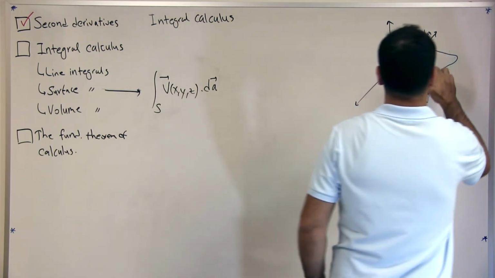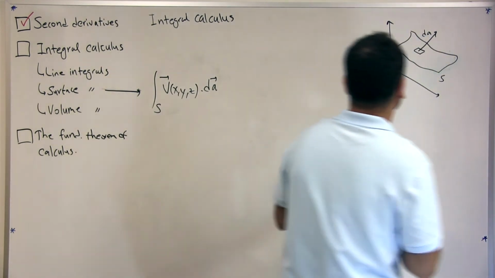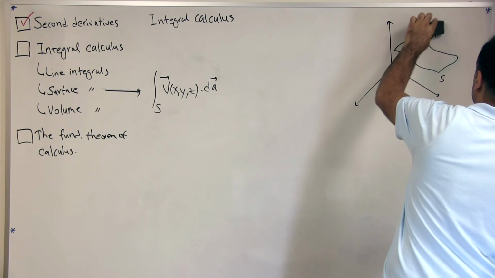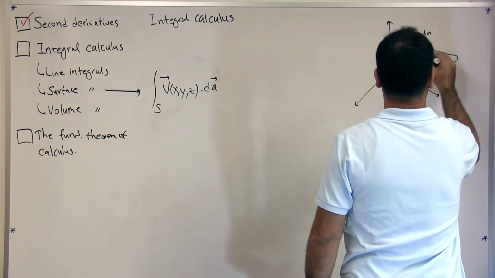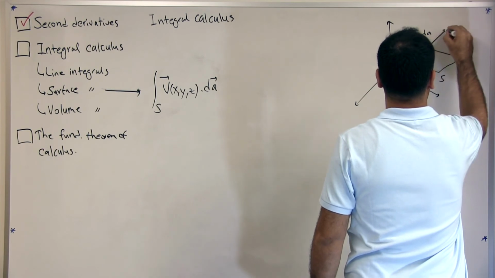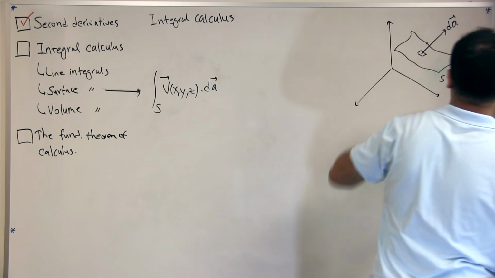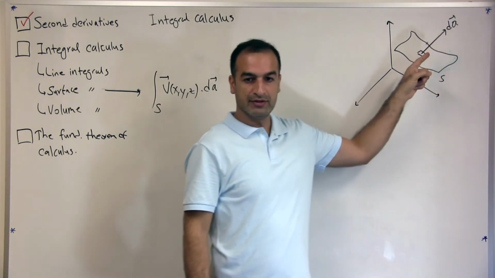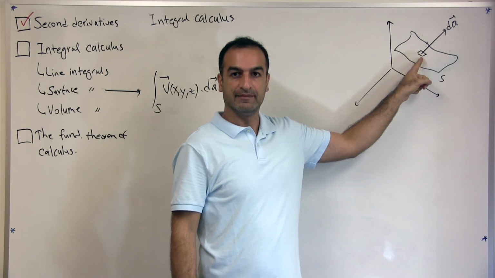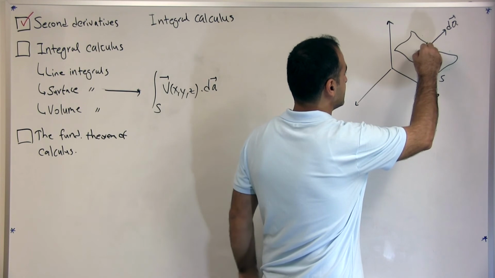Okay, that's not the best drawing of perpendicular, so let me do it again. Okay, so if this is the surface and this is dA, so this is dA as a vector. Okay, length of dA shows the area of A. Okay, the direction is always perpendicular to the surface.